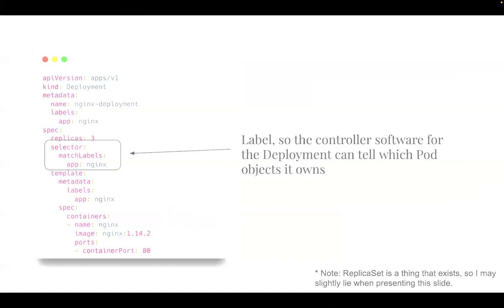Also, interestingly, you need to give the deployment a label, and it uses this label in order to figure out which pods belong to it. So when I delete the deployment, it should also, actually this is not how deleting works. For various reasons, it needs to know which pods belong to it.